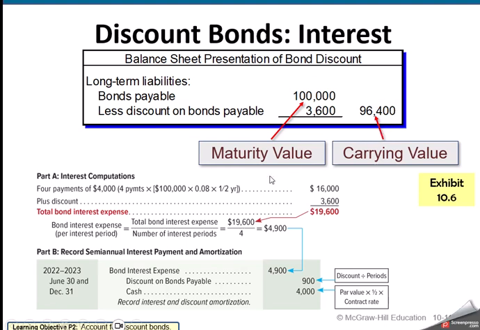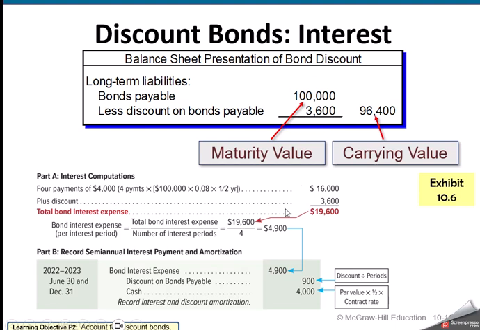Now then, what we do when we get to the end of the year, or the end of the semi-annual period, when we're going to pay the interest, the $4,000 is still the payment. So it's still the 100,000 times the 8% times 6/12, or a half. But then what we also have to do is deal with this discount on the bonds payable.